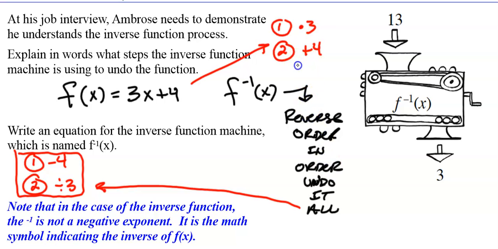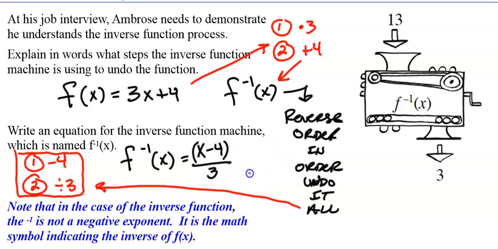So reverse order, and here's our original order, comes to here, reverse order, undo it all, do it all backwards. So the last thing, the opposite becomes the first, etc. So what we would end up with, the f inverse of x, is going to be, first thing we have to do is take x and subtract 4, and then to all of that, we then divide by 3.